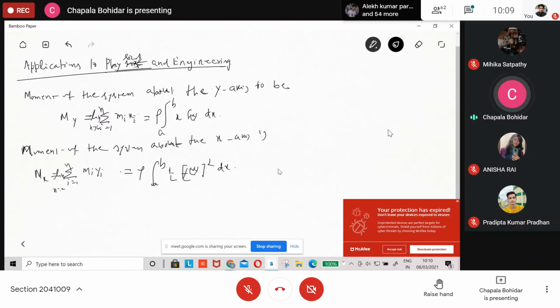Now from that moment, center of mass, that is called a centroid. That is the value x bar and y bar.